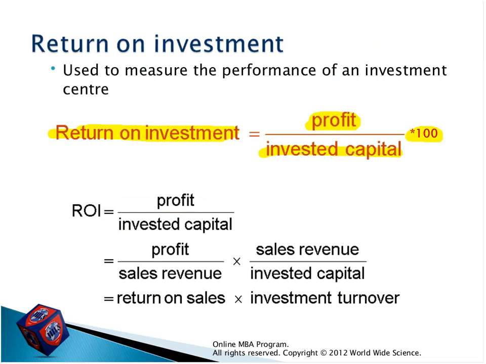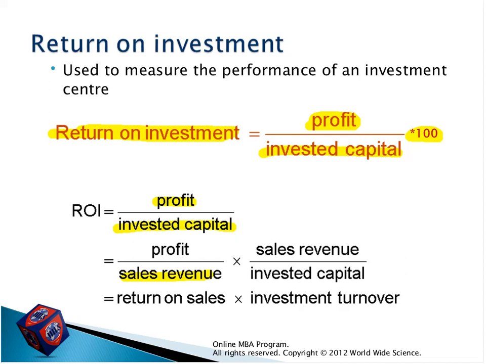And we can use the formula in different ways. I want to show you what the profit is and what invested capital is. Invested capital we can define from the sales revenue, and the profit would be under it.